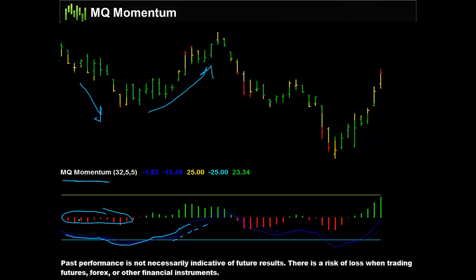In general, when the price momentum is bearish, we have the histogram red, and it is negative. The indicator line usually is trending down.